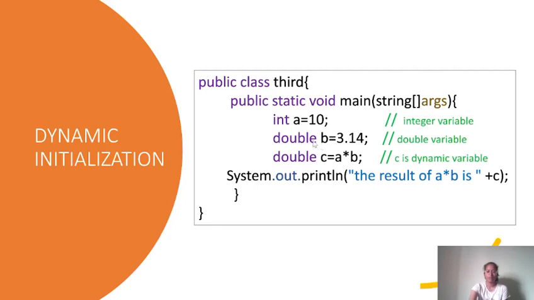But in case of the third one, C, it is initialized as a calculation of A into B, which is going to be calculated, and the output of the calculation is going to be initialized as the value of C. That is called dynamic initialization.